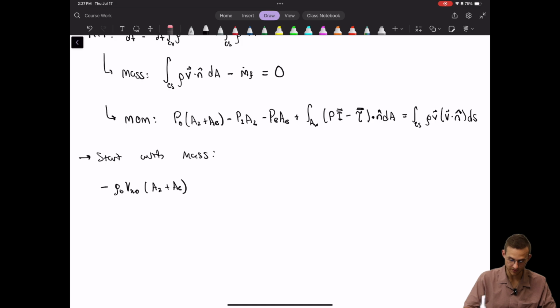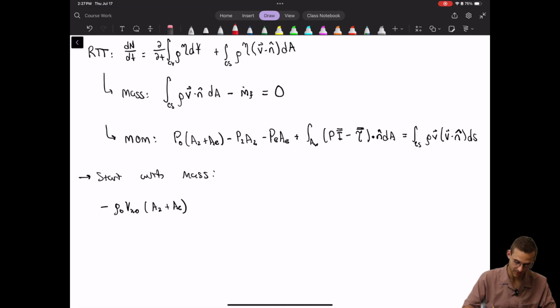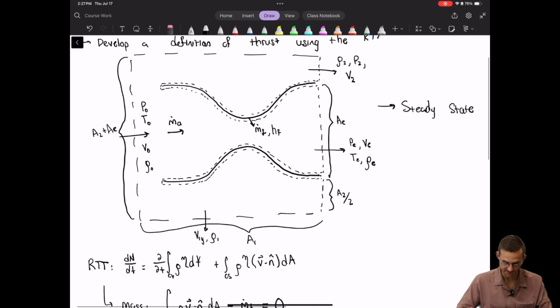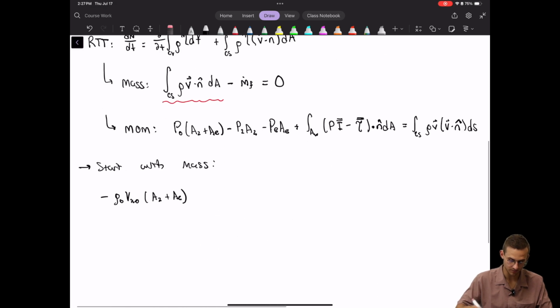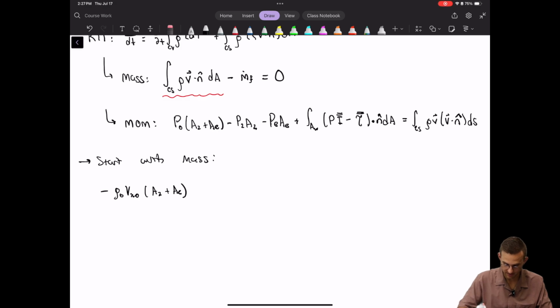In other words, what we're doing right now is taking the components of this integral and expanding it out. We're actually evaluating the integral. For the A1 surface, the top and bottom surfaces of this control volume, it's a little more complicated, so we're going to leave that in integral form for now.